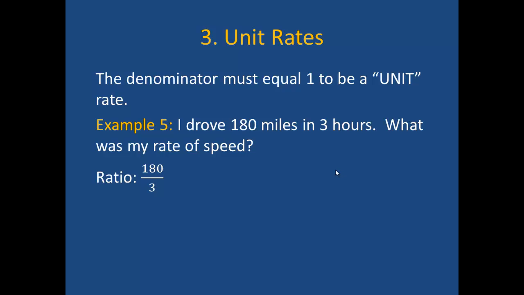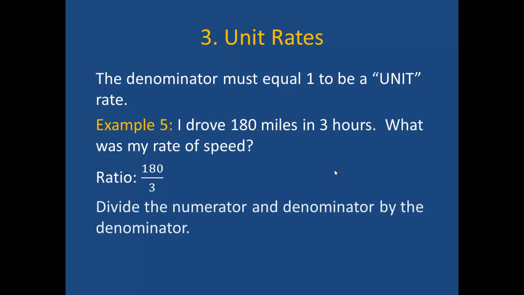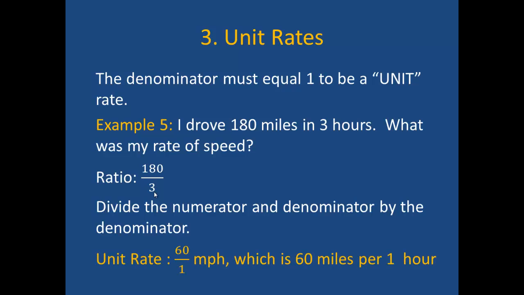But that's not so helpful for answering the question, what was my speed? Therefore, I would divide the numerator and the denominator by the denominator of 3. This would give me a unit rate of 60 to 1 miles per hour. And this would be a speed of 60 miles per 1 hour.